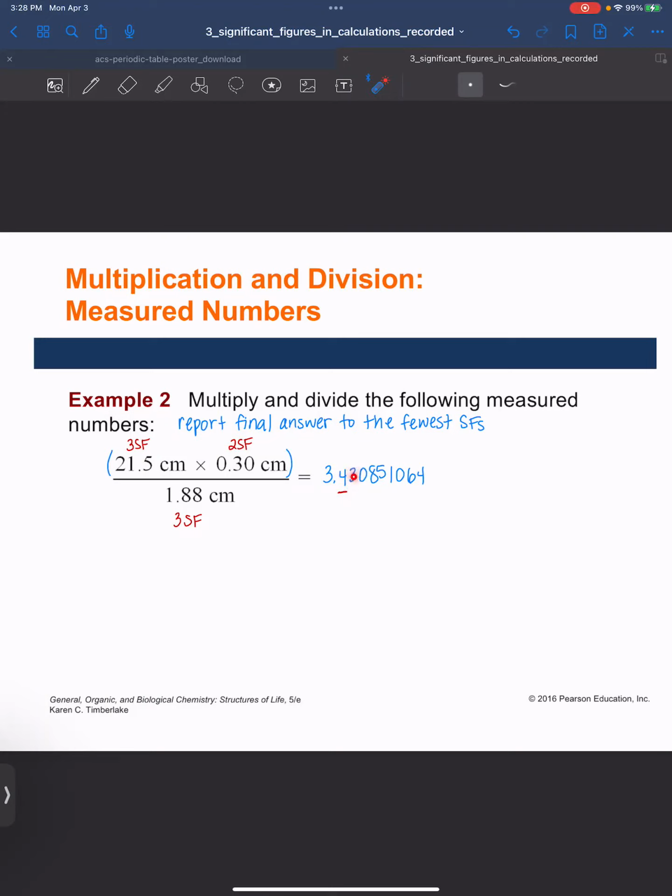And so that indicates that we do not round up, we keep the 4 the same. So we would report 3.4. And what would the units be? Excellent. So we can see that centimeters cancels out. So the final units are in centimeters. So the final answer is 3.4 centimeters.